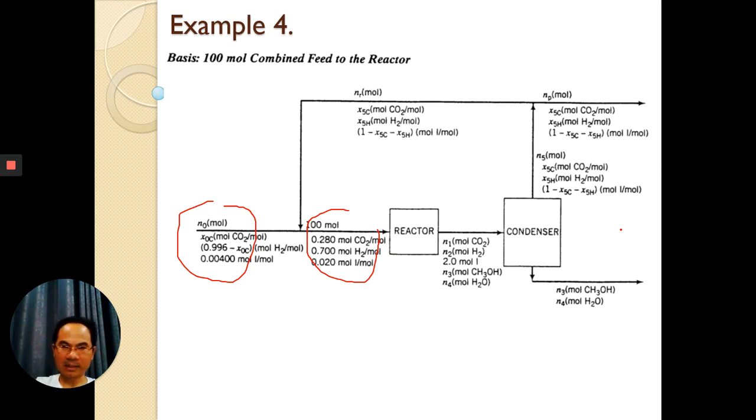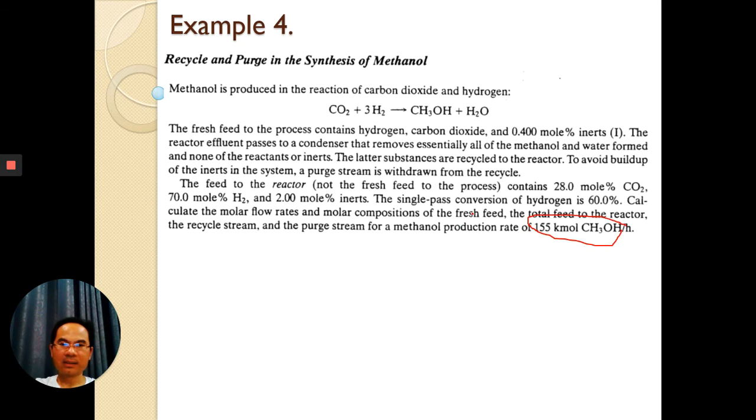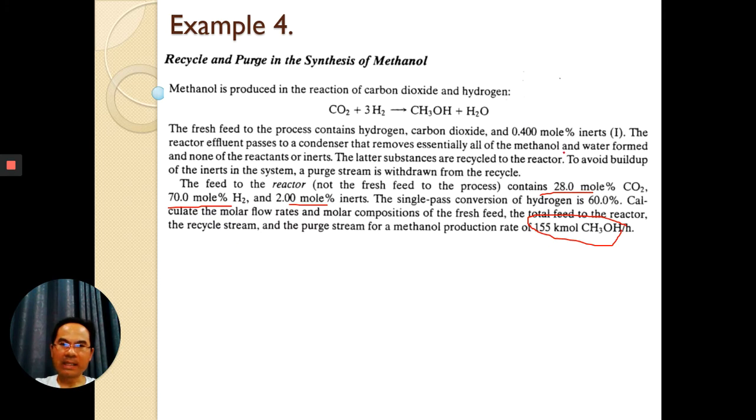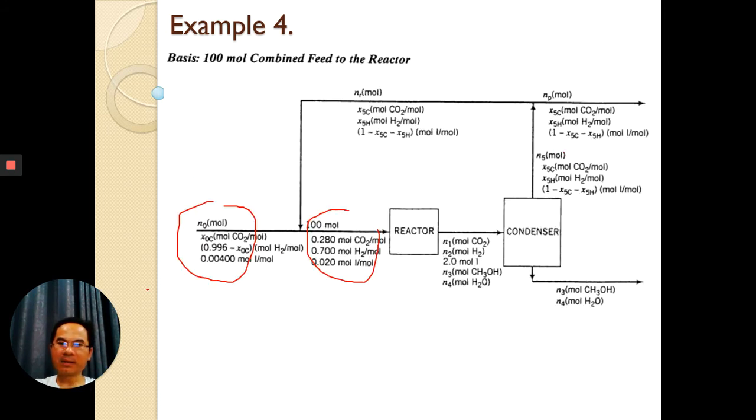Okay, from the problem statement, you know the feed to reactor composition: 28 mole percent CO2, 70 mole percent hydrogen, and 2 mole percent inert. That is the feed to reactor. And also you know the composition only 0.4 mole percent inert in the fresh feed. The fresh feed consists of carbon dioxide, hydrogen, and inert. For this case, you know only the fraction of inert is 0.4%, or equal to 0.004 mole inert per mole total.